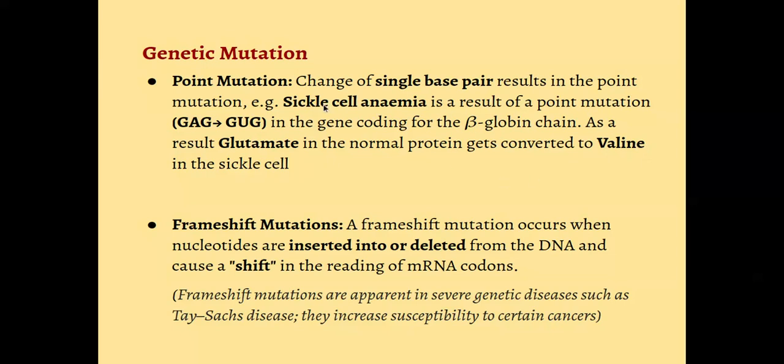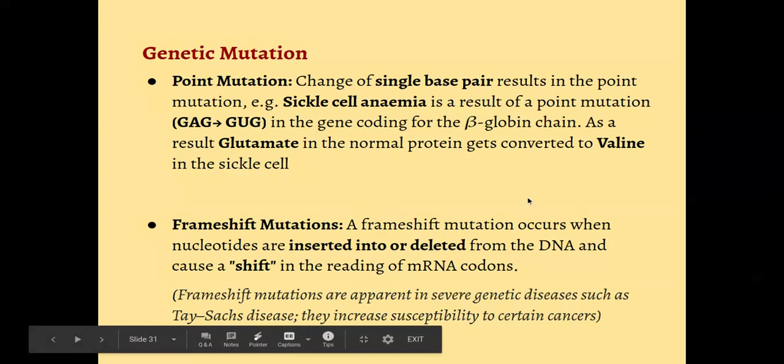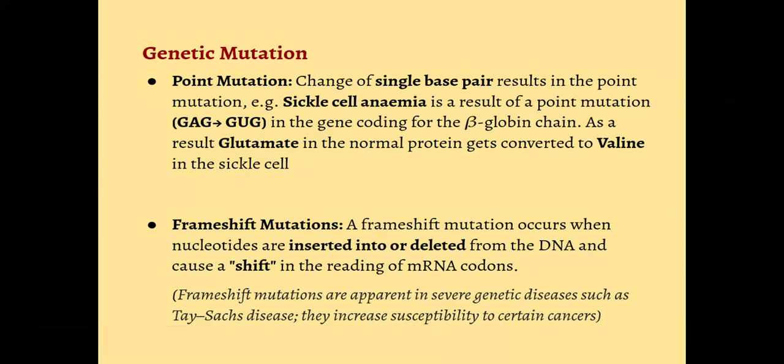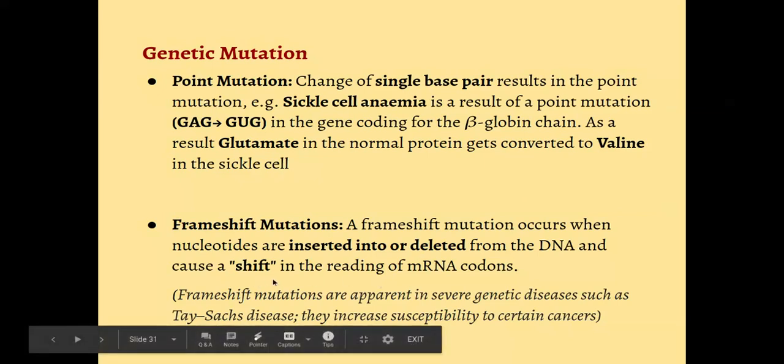Okay, so this is an example of point mutation, wherein you can see something going wrong in the genetic code. Frame shift mutation is when there is a base that is either inserted or deleted, which causes a shift in the reading frame.